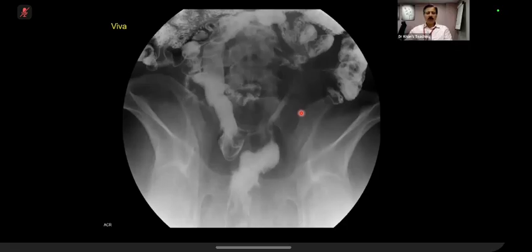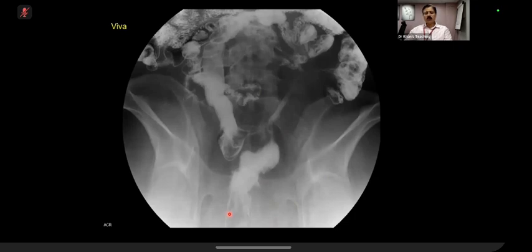Okay. Now, one thing is that in the viva, they can ask you what kind of film this is. If you go to barium enemas, to outline the rectum, we do a 35-degree angulated film, and this is that film.